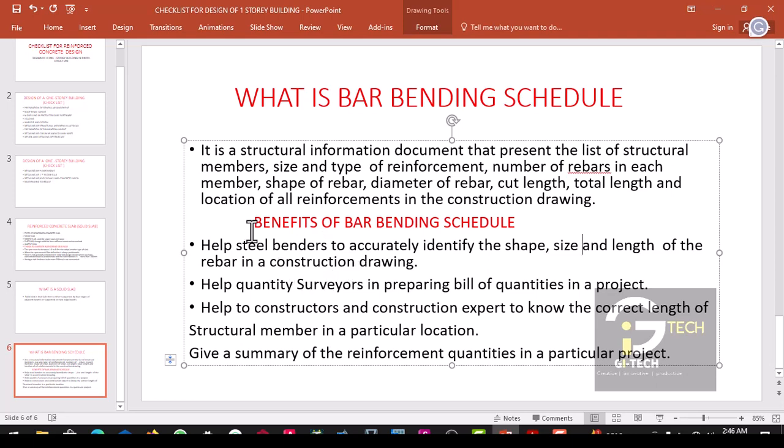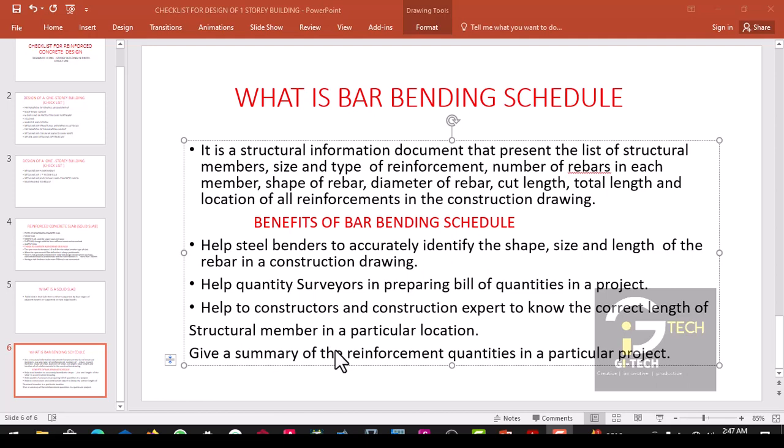It is a structural information document that presents the list of structural members, size and type of reinforcement, numbers of rebar in each member, shape of rebar, diameter of rebar, cut length, total length, and location of all reinforcement in the construction drawing.